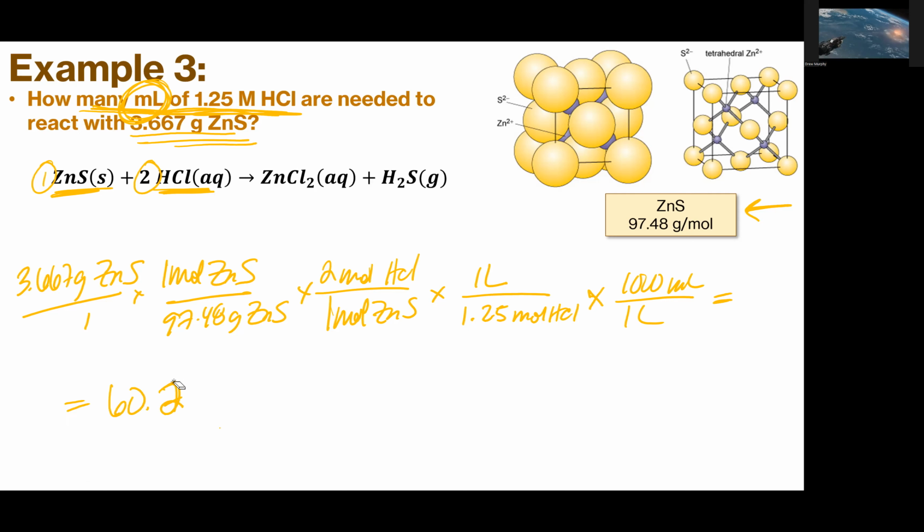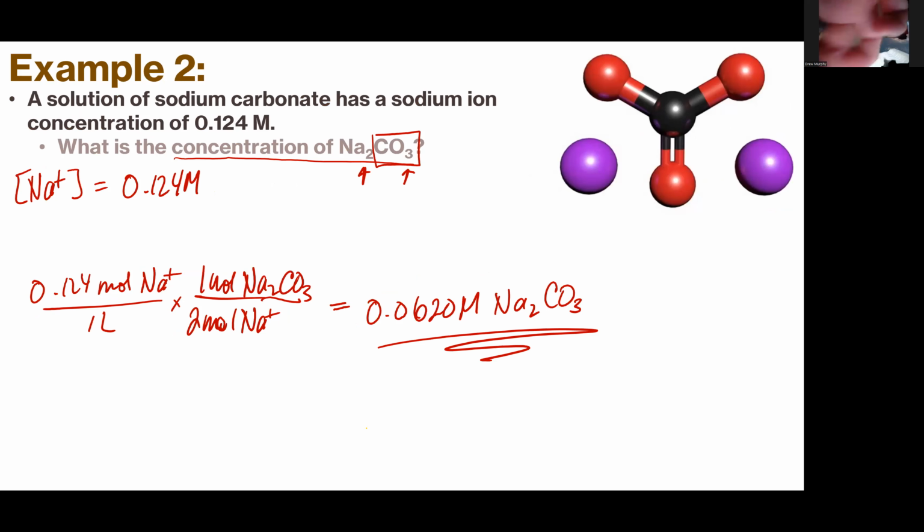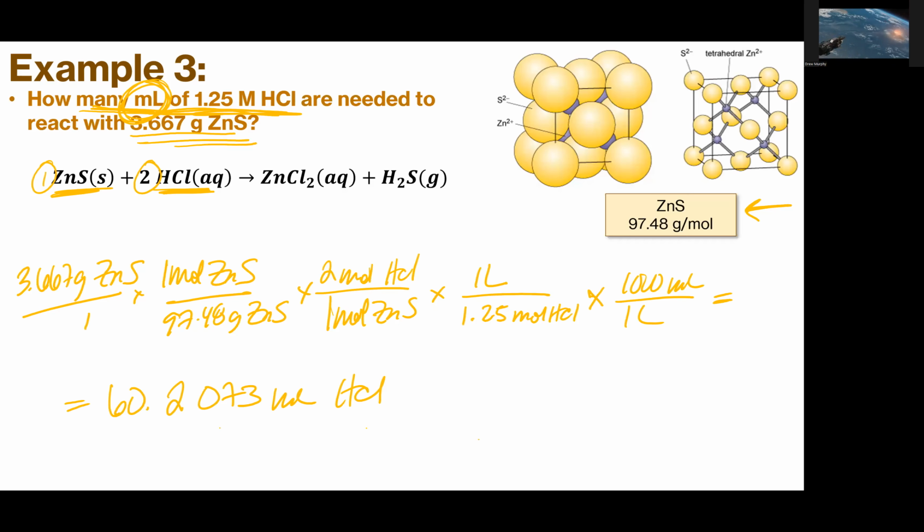We need to get sig figs. Our concentration has 3, so we'll round this to 3. This is 60.2 milliliters of HCl.